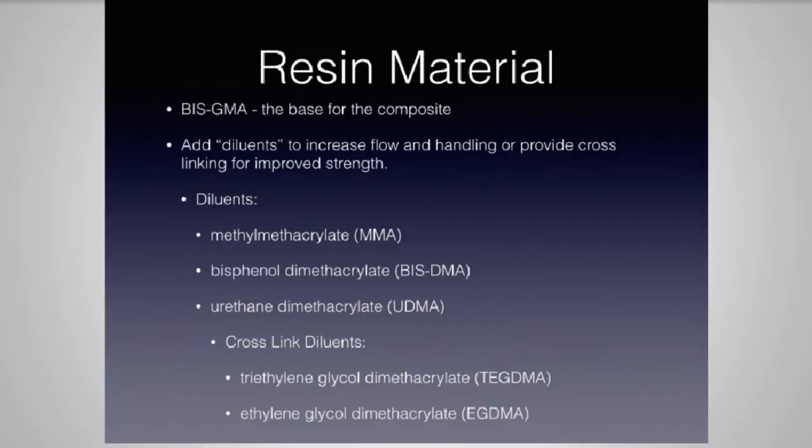And these materials are the methyl methacrylate, the bisphenol dimethacrylate, the bis-DMA, the urethane dimethacrylate, the UDMA. And of course, we have the cross-link agents, which are the TEG-DMA and the EG-DMA. And these are what can create our monomers and our resin materials.